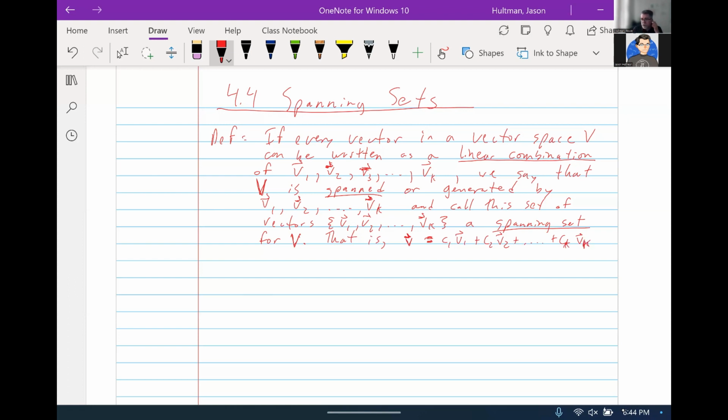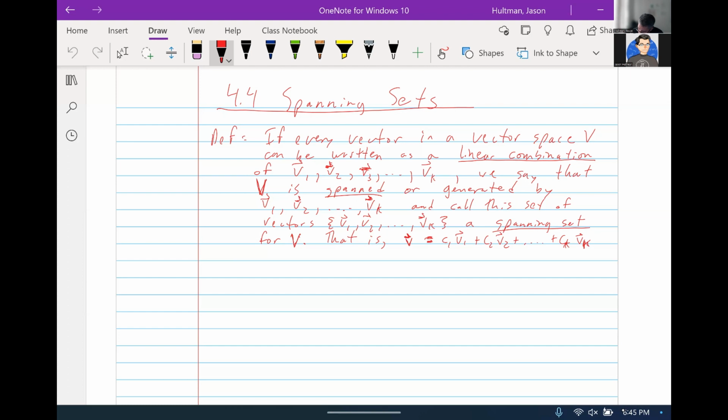So we can write this as a summation of these vectors and any constants. And if there exists c1, c2, all the way to ck, where this works, then we can say that we could write any vector as a linear combination of any other vector in that spanning set. Basically it's a generator for the vector space.